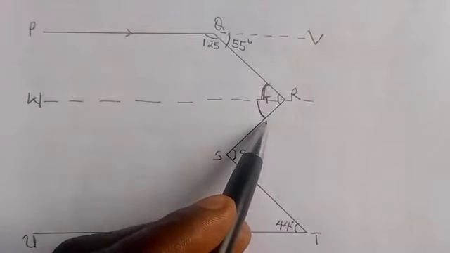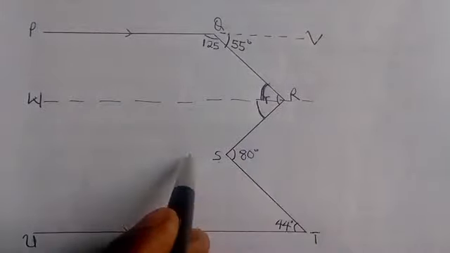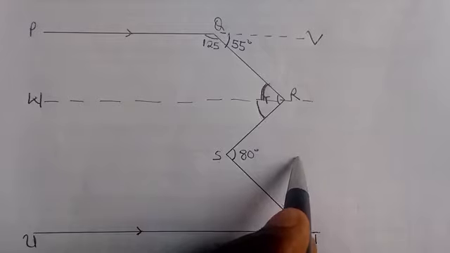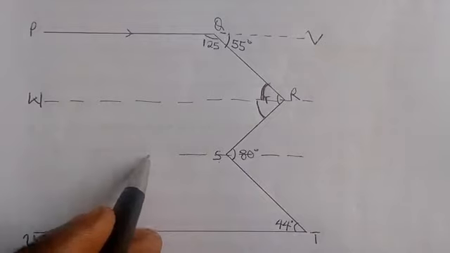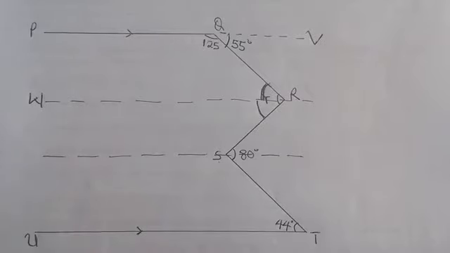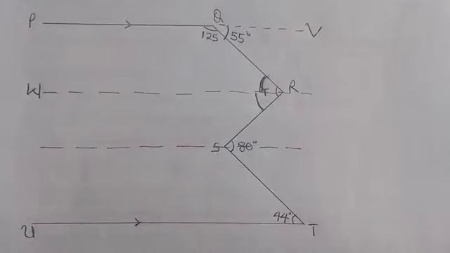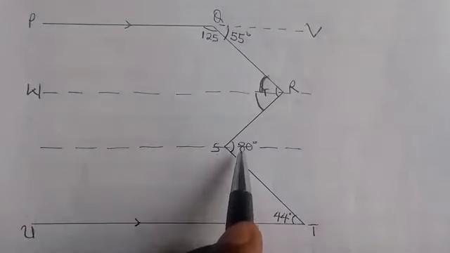Before we can get this angle WRS, we again need to relate it with this angle here, so we need to split this 80 degrees into 2 in such a way that the line we are drawing here is parallel to the line UT here. So if line UT is parallel to this line, it means there is a relationship between the angles formed here and the angles that is now formed here.